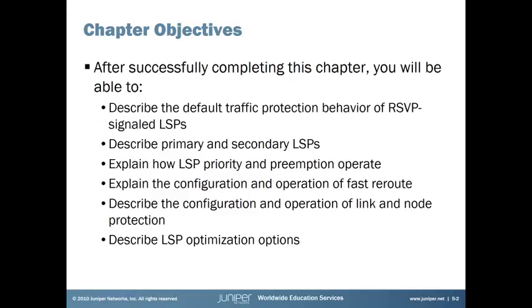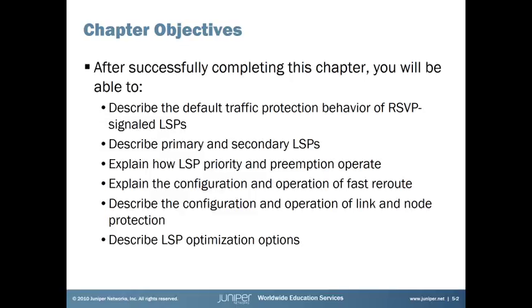So we're going to take a look at the default traffic behavior of RSVP signaled LSPs. We'll look at these primary and secondary paths. I haven't really got into secondary paths so far, but we'll discover that we can configure secondary paths for a label switch path. So an LSP can have more than one path that we set up for it.